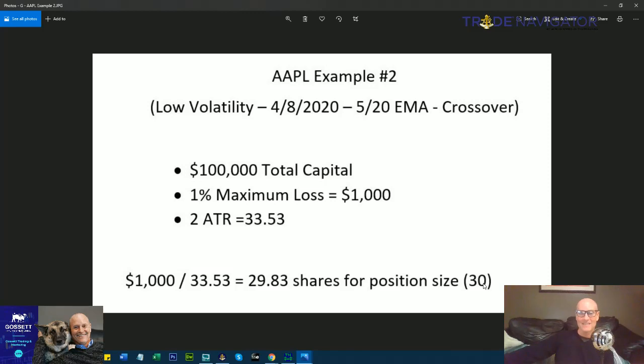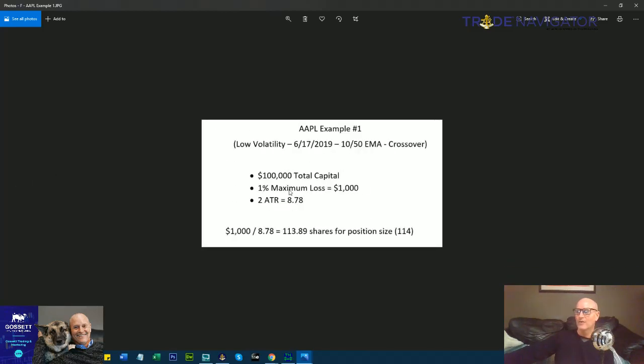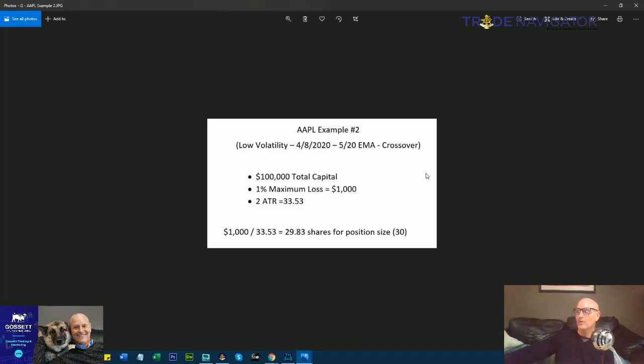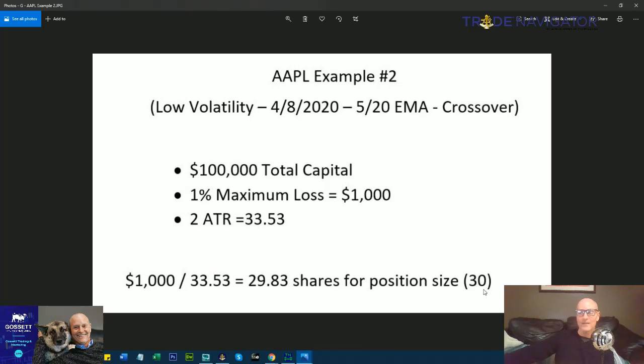So exact same stock, but in the previous, when it had low volatility, taking my $1,000 and dividing the 2 ATR into it, at that point it told me to buy 114 shares. Now with the high volatility, it's telling me to only buy 30 shares. I'm still risking the $1,000 on both trades, but I'm adjusting for volatility.